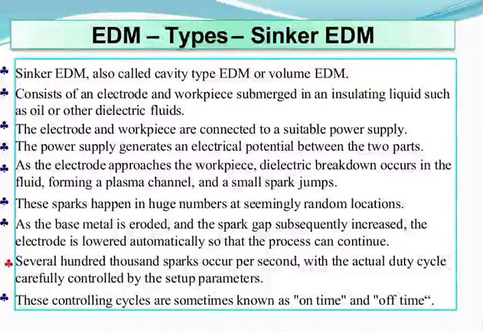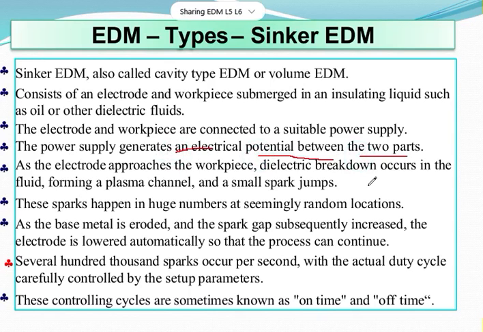So as we were talking about EDM, and that is also a type of sinker EDM, the most important thing is that the power supply generator basically generates an electrical potential difference between the two parts.